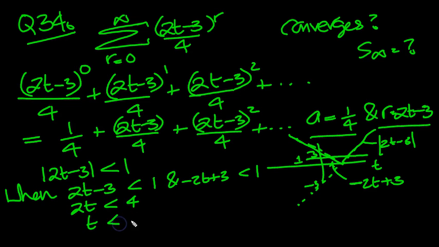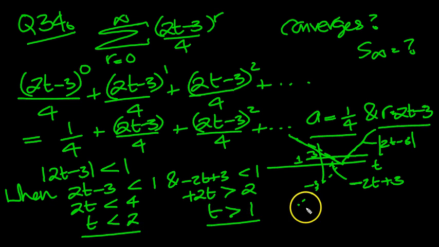So t, divide by 2 both sides, is less than 2. And on this side, it's minus 2t plus 3 less than 1, so move the 2t over, read from right to left, 2t is greater than 2. So divide by 2, t is greater than 1. So t must be between 1 and 2.